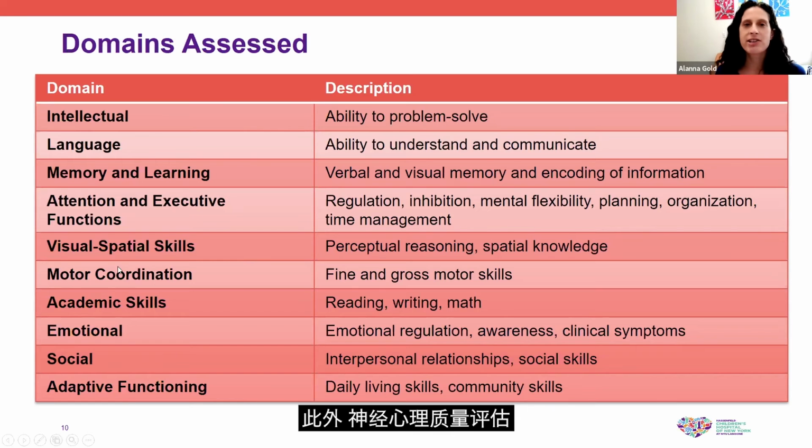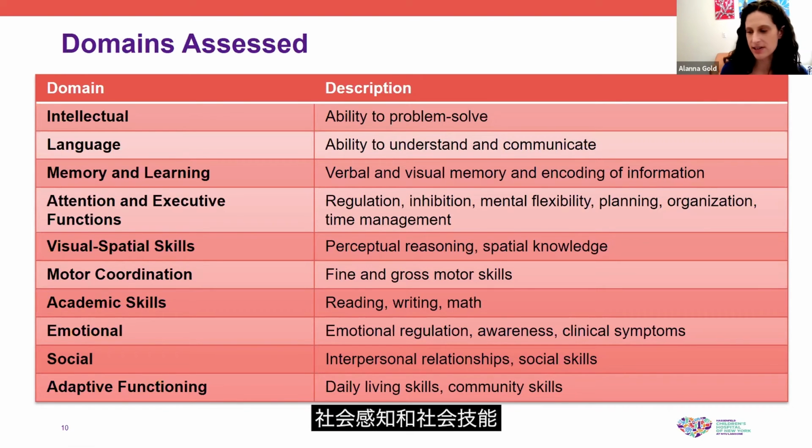Additionally, a quality neuropsychological evaluation will include assessment of social emotional functioning and adaptive functioning. So that may include daily living skills, clinical symptoms of anxiety, depression, emotional understanding and regulation, an individual's understanding of interpersonal relationships, social perception, and social skills.